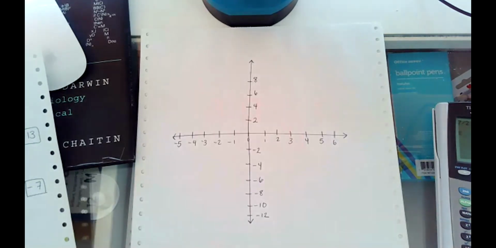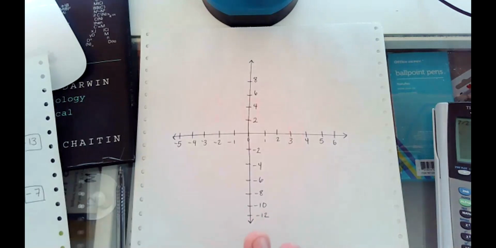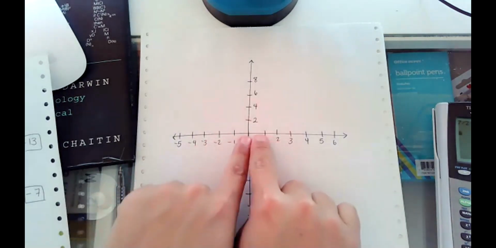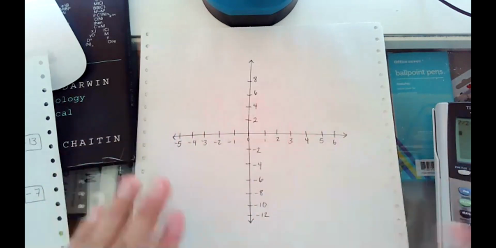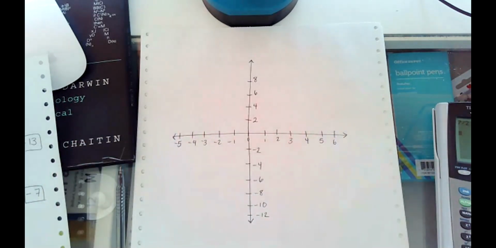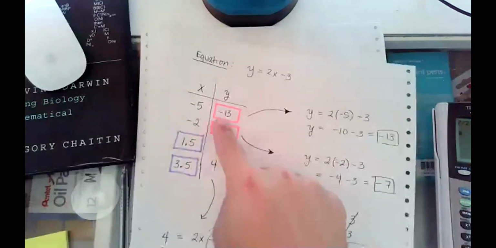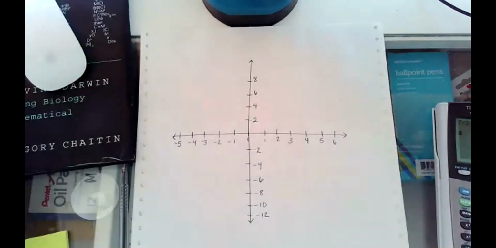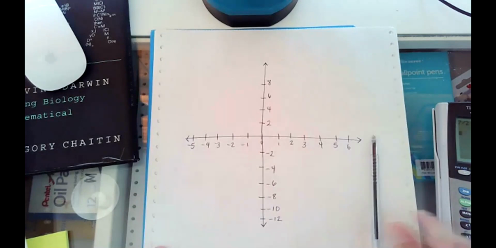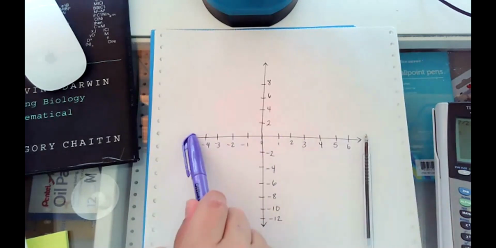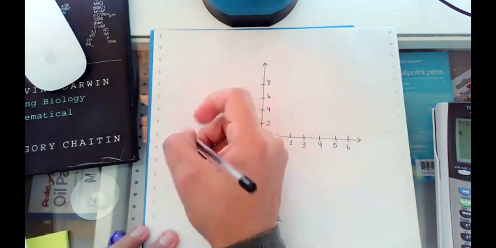So hopefully we'll get a straight line out of this. Whenever you take some liberties with the scale, that is, what each tick mark is worth in value, sometimes the graph gets a little squished or distorted, but we should still be getting a straight line once we plot these points. So we have -5 and -13. So we should be going over here to -5 and then down to -13.